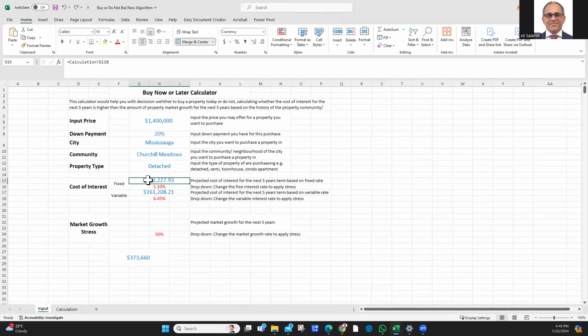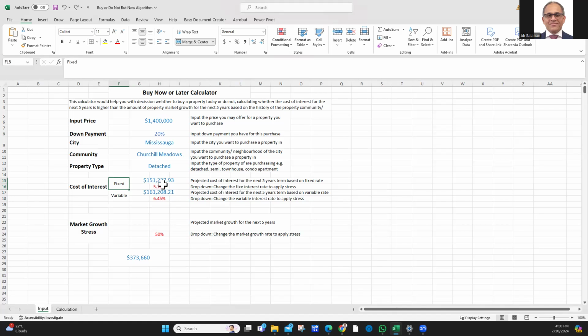The interest rate, whether fixed or variable, for the next 5 years is based on the Bank of Canada forecast of an expected reduction of 75 basis points by the end of 2024, 100 to 125 basis points by the end of 2025, and another 25 to 50 basis points by 2026, and maybe flat for 2027 and 2028. So this is a 5-year plan from now.